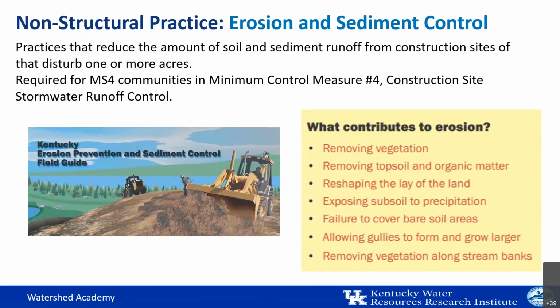So I just wanted to go a little bit more into MCM4 for erosion and sediment control. A very good guidance document for this measure was created way back in 2001 through a 319 grant from the US EPA.